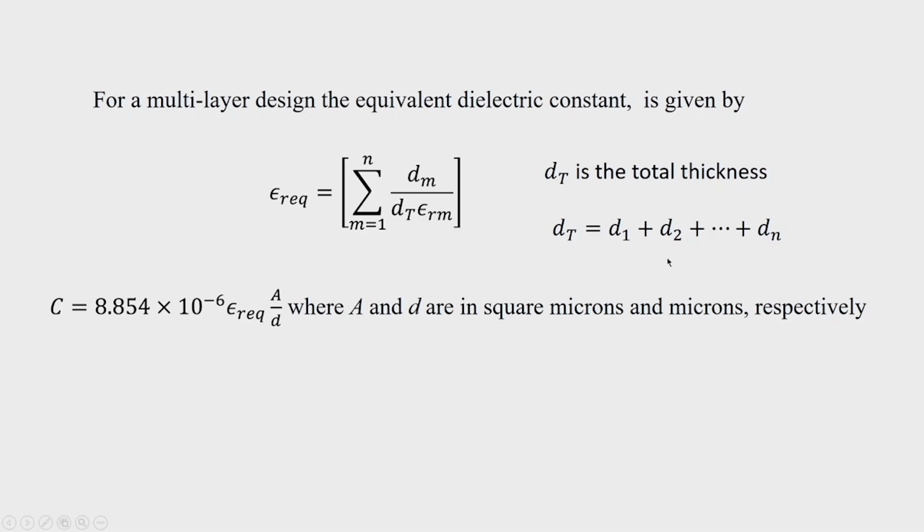This factor comes because of epsilon naught, and epsilon r equivalent A by d when these A and d are in square microns and microns.